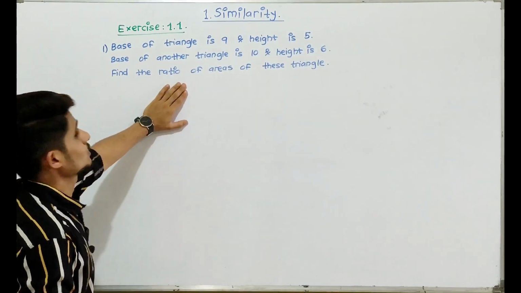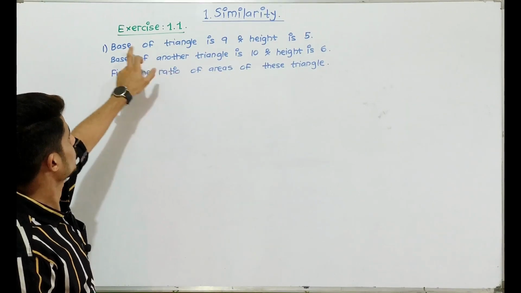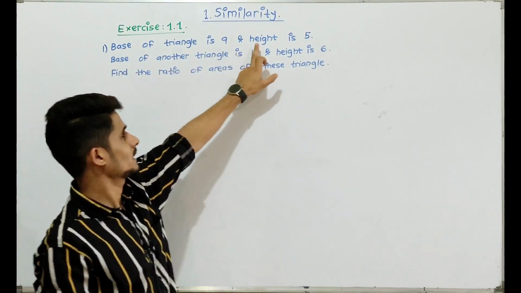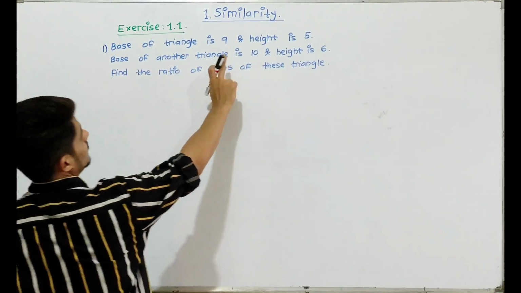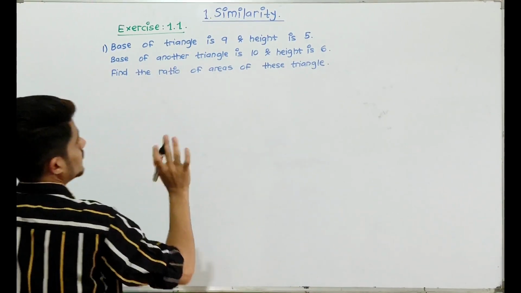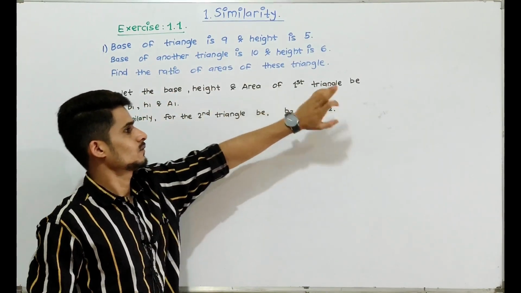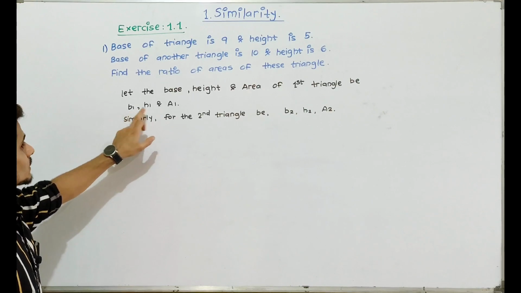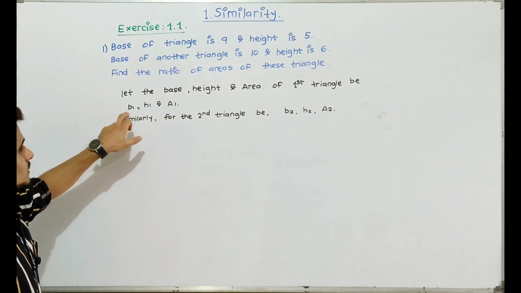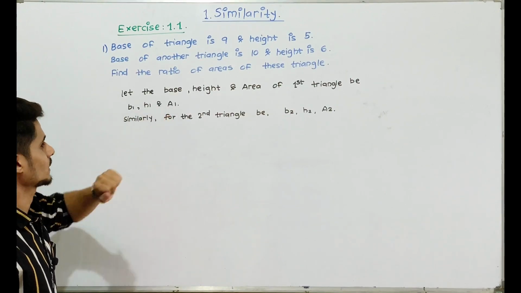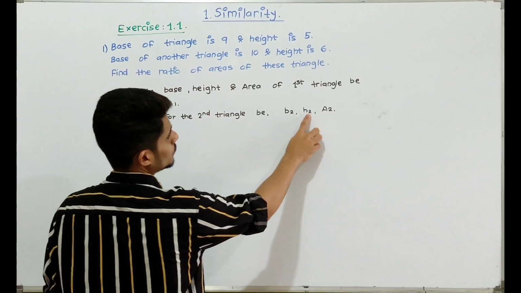Before that, let's denote the base as B1 and height as H1, and the base of the other triangle as B2 and height as H2. So let the base, height and area of the first triangle be B1, H1 and A1, and similarly for the second triangle B2, H2 and A2.